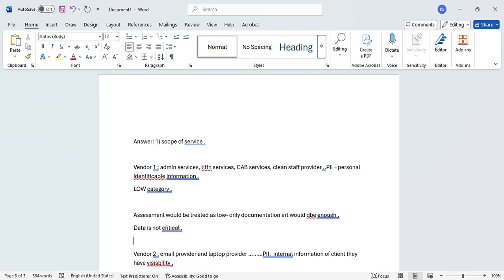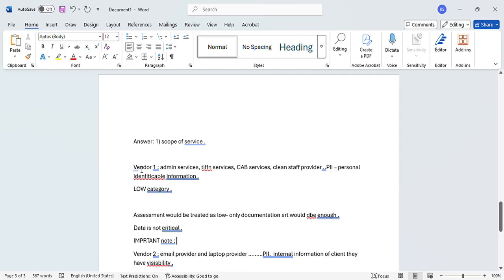Okay, one important note, guys. Important note: if a vendor is not critical, it doesn't mean that we are making any compromise in terms of the compliance level. Please note.